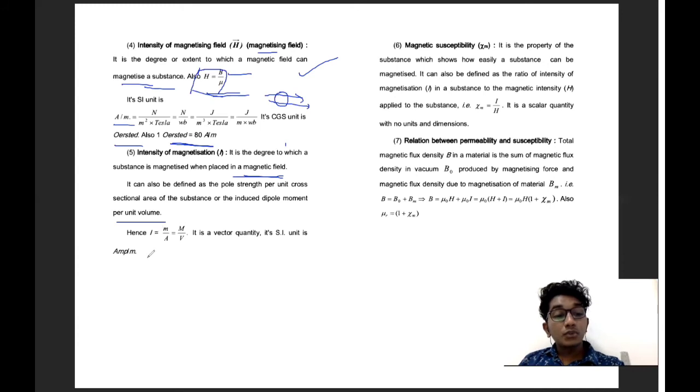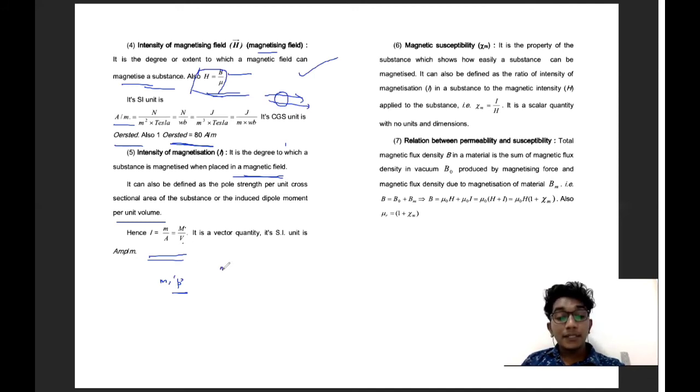So it has two equations. One is pole strength M. We represent pole strength by either M or P, because I have seen P somewhere, so you don't get confused. So intensity of magnetization is equal to pole strength M divided by area, or dipole moment divided by volume.